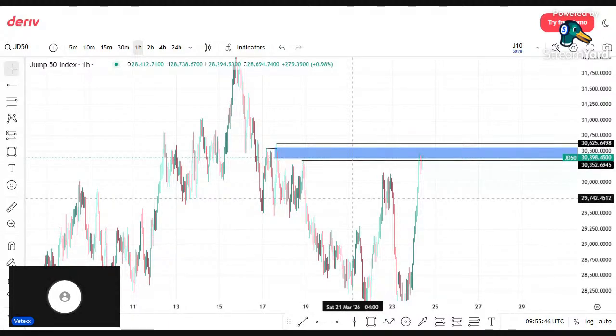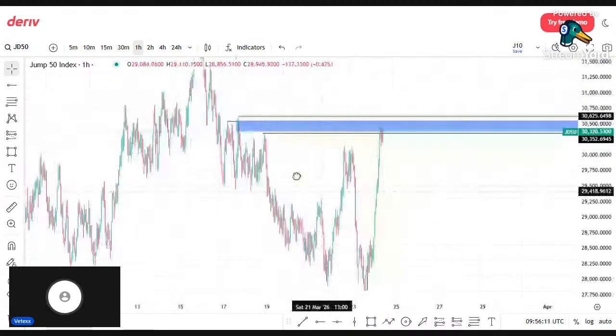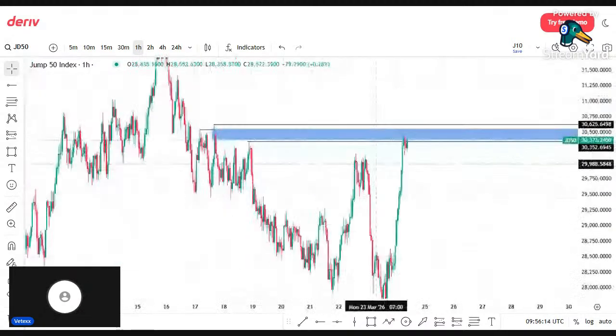Okay, jump 50 is bearish at the moment, so we'll still be on the bearish. So we'll be working with this bearish structure on the 1 hour time frame on jump 50. So we'll be looking out for continuation setup.